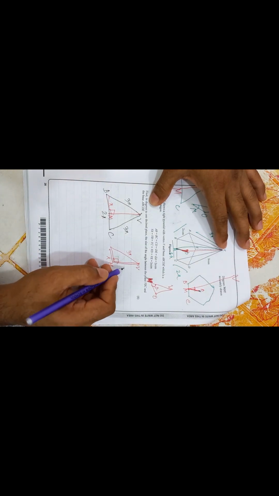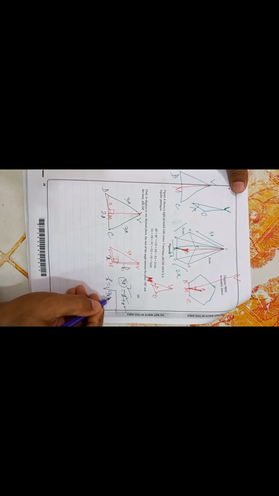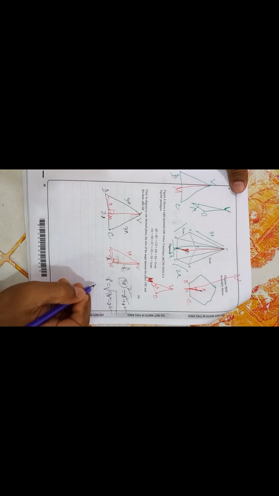Using Pythagoras theorem, VM is h, so 3x squared equals h squared plus x squared. Making h the subject, h equals root of 9x squared minus x squared, finally x root 8.